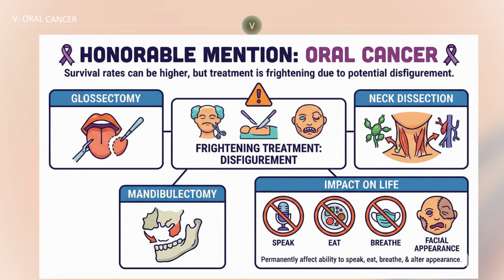Surgery: extensive surgeries can include glossectomy, removal of a part or all of the tongue; mandibulectomy, removal of a jaw bone; or neck dissection, removal of lymph nodes, muscle, veins, and nerves in the neck.